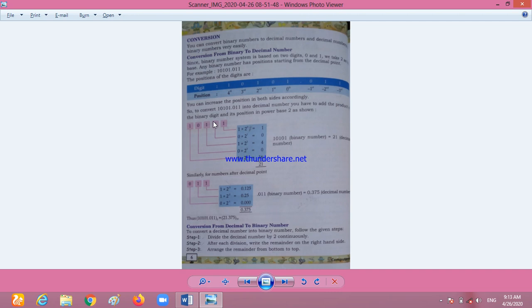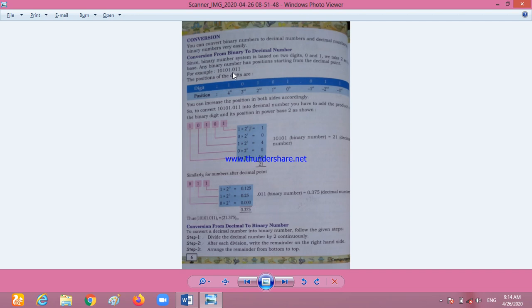For example, there is a binary number written here, 10101. One more thing you have to remember: we start everything from 0, that is 0, 1, 2, 3, 4. For example, ones, tens, hundreds, thousands, ten thousands, but we write the positions as 0, 1, 2, 3, 4.